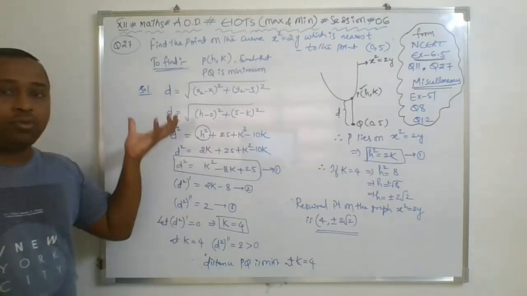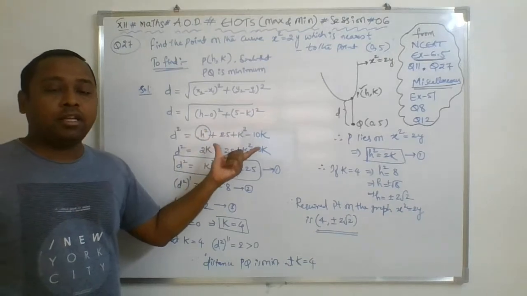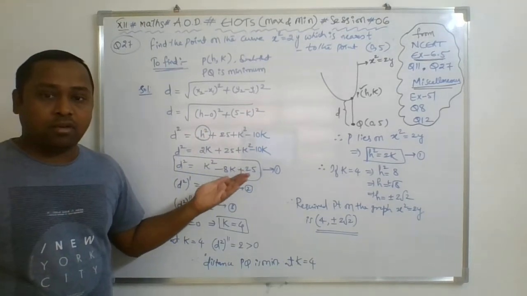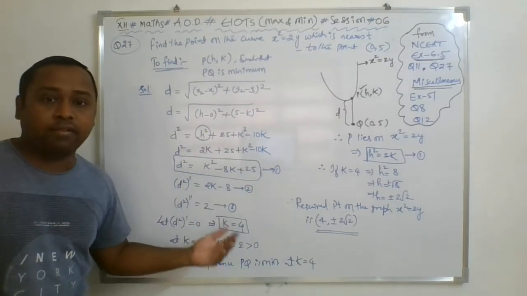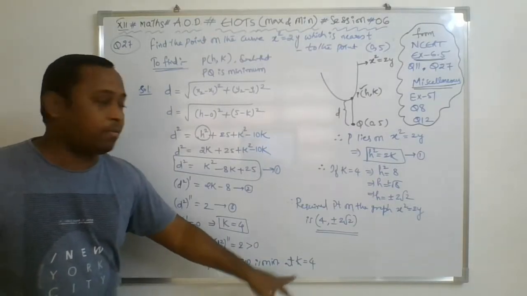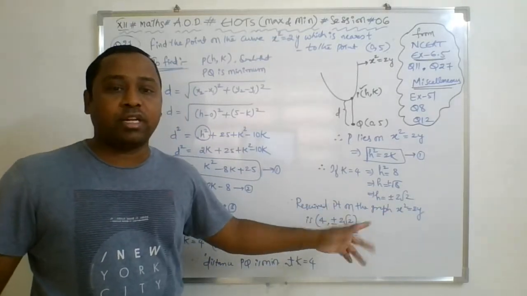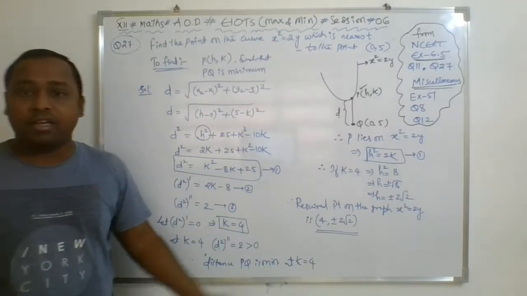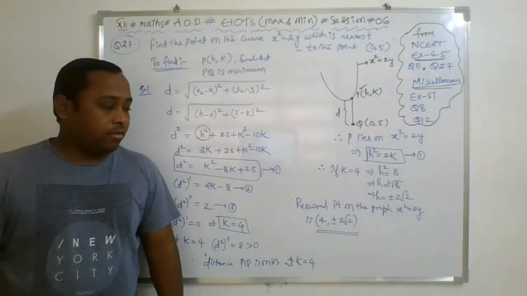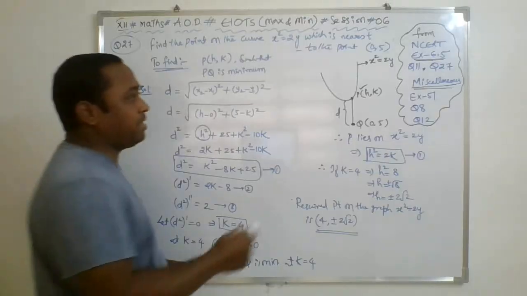First I used the distance formula, then converted into a single variable, then went for the first derivative, second derivative, critical point, double derivative greater than 0 means minimum. Then I substituted the value of k to find h. When I got h and k, I got the required point. That's all. Then we'll move on to example 51 in the miscellaneous exercise.